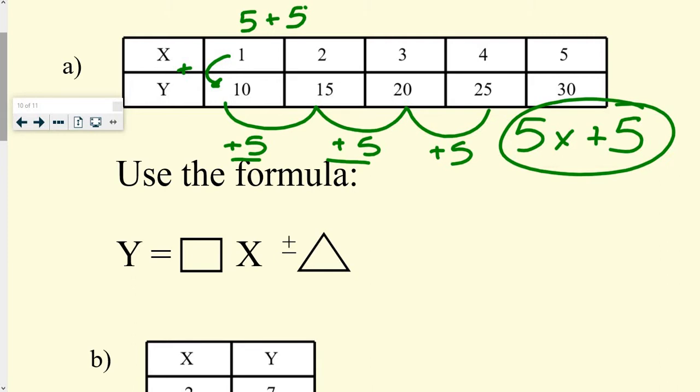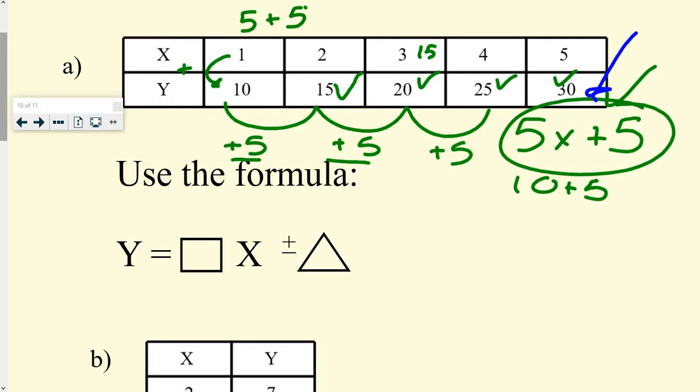The second one, 5 times 2 is 10, plus 5 equals 15. Then 15 plus 5 is 20, 25, and 30. This is the formula right here. Bada bing.